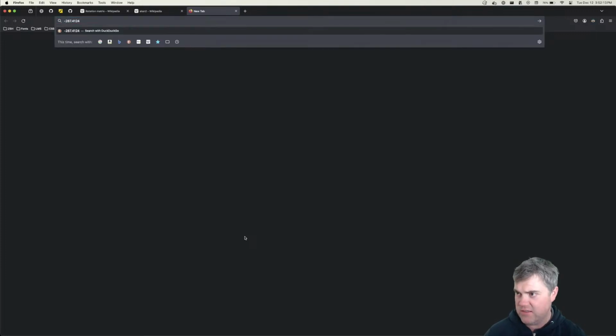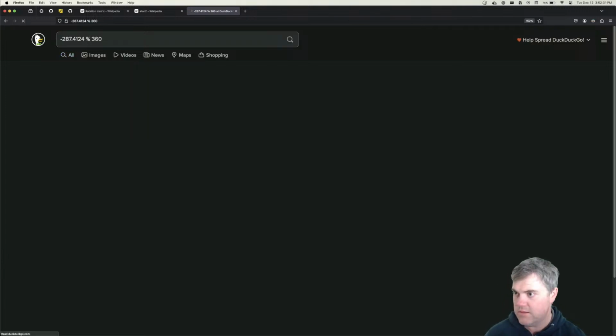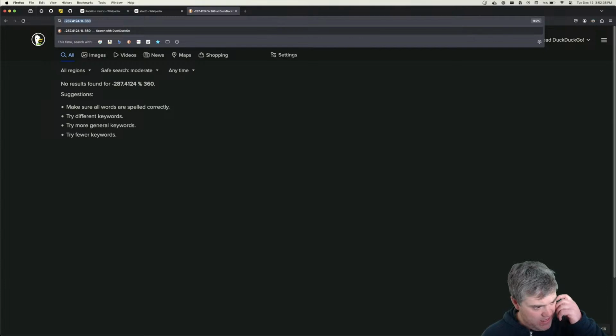What's a good math library that I can use for this? Can I actually do that in here? Like that, modulo 360. No, wait, I did ampersand? That's not right. That doesn't work either.